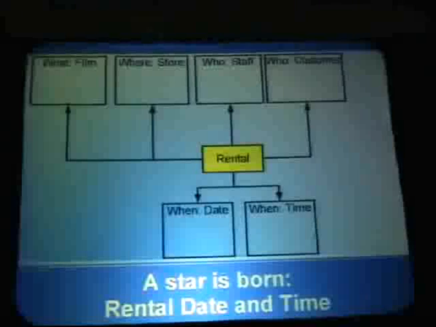And the reason is that the date dimension will be used by business users to look at interesting periods over the year, right? How are the sales or how are the rentals in Christmas as compared to Christmas last year, that kind of thing. Whereas time is more interesting in the sense of what are the busiest hours during the day.